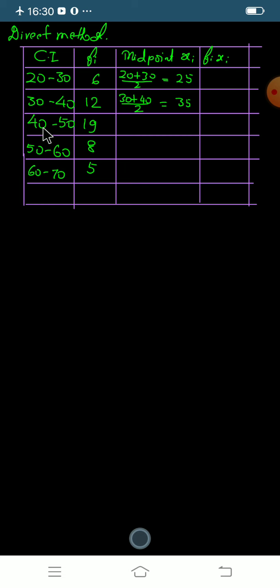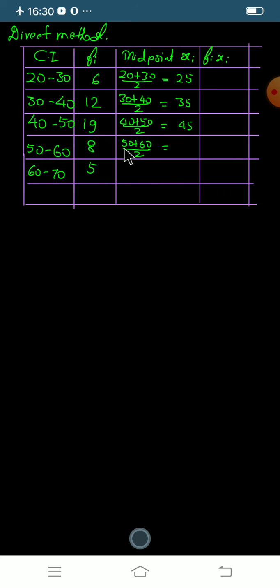Now let us go on. 40 to 50, 40 plus 50 divided by 2, 40 plus 50, 90, 90 by 2, that is 45. 45 is the midpoint of the class interval 40 to 50. Now the last but one, 50 to 60, that is 50 plus 60 divided by 2.